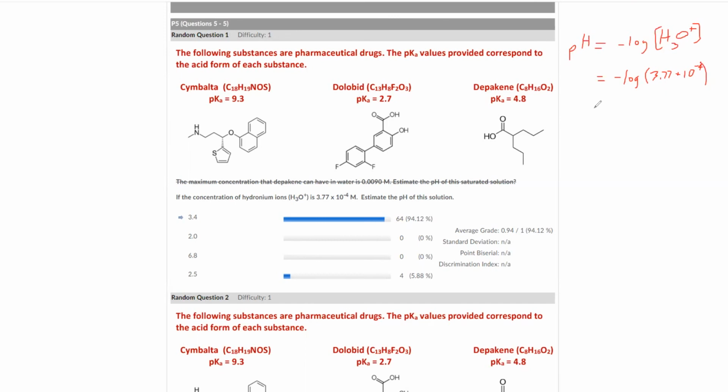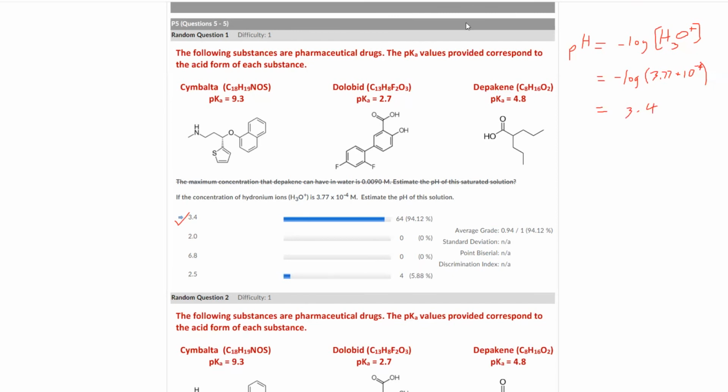And this is going to come out to be 3 point something, only 3 point something. That is option 1. So that should be the correct answer. Should be 3.4. Again, this is plug and chart, straightforward calculation.